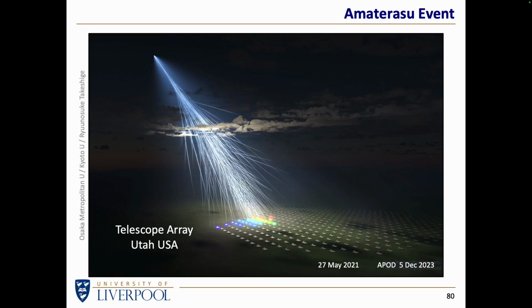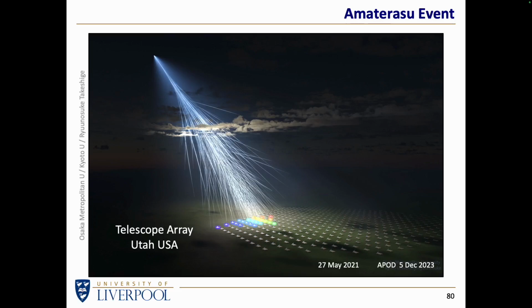Some of the shower produced by this very energetic particle clipped the edge of this array, so they got enough data to work out what this was actually doing. For those of you whose Japanese is not too good, Amaterasu is a Japanese sun god. It translates roughly to shining from heaven, which is a very nice way of thinking about these incoming air showers.